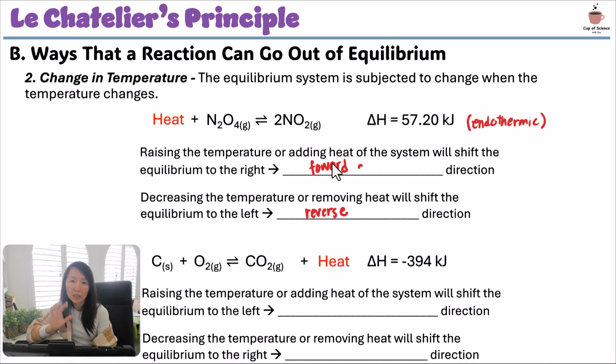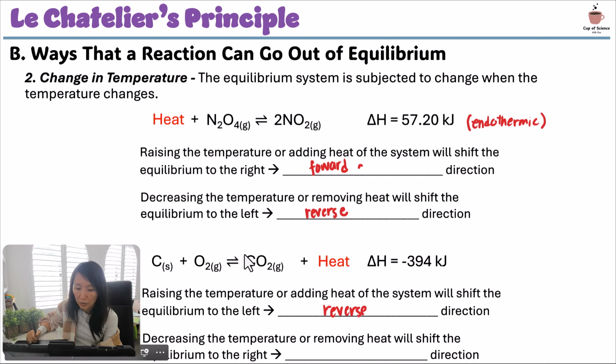And this works the opposite way for an exothermic reaction, where the heat is now on the right side of the equation. It's on the product side. So if I raise the temperature over here, the reaction will want to go in the reverse direction. And if I remove the heat, then it's going to go in the forward direction.